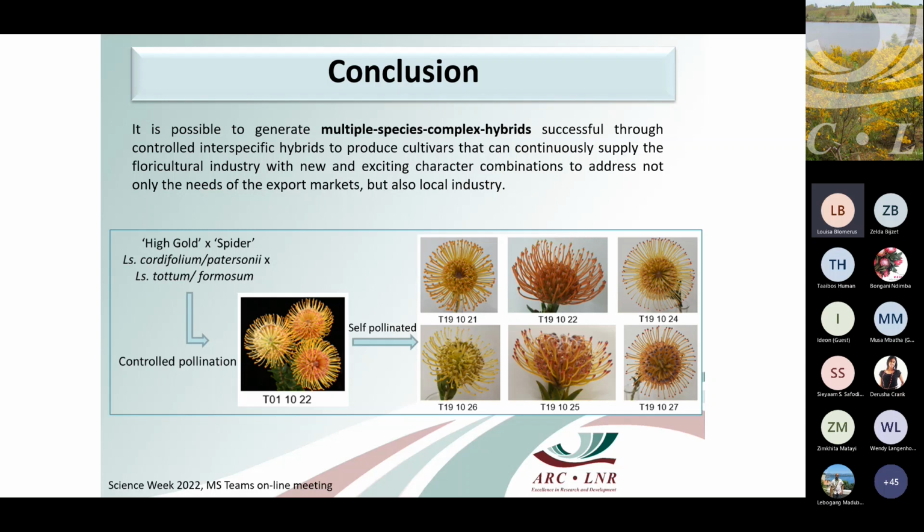And then to get an idea of the hidden genes, we self-pollinated this hybrid, and a lot of variation was exposed. Another 4 to 5 years later. So you need patience and you need to stay long with the breeding program.